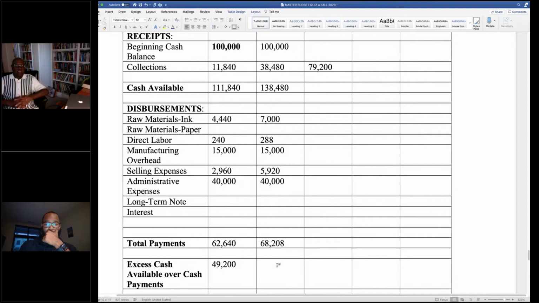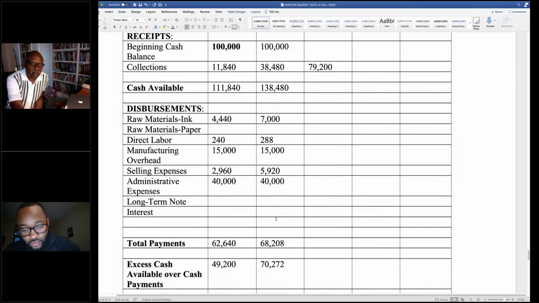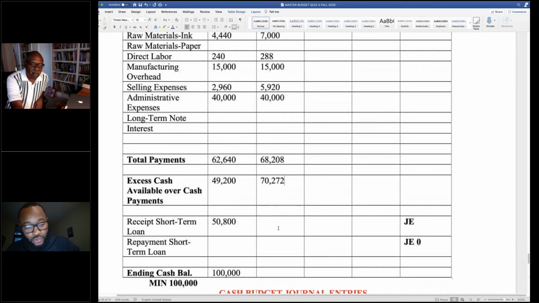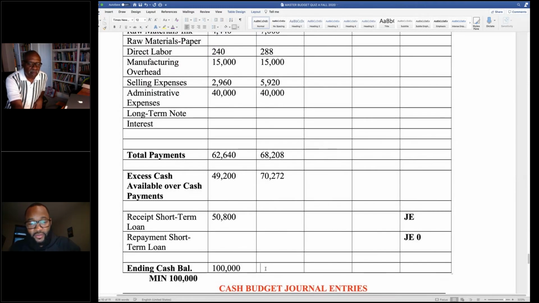So what's our excess available? How much do we got to borrow this time so we'll still be at 100? Somebody's writing it in.